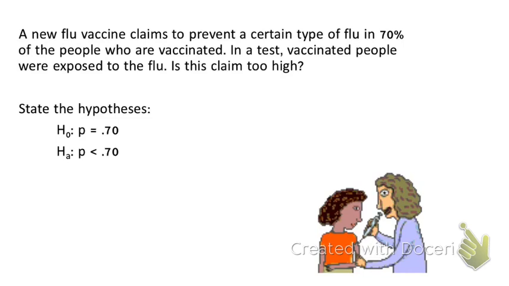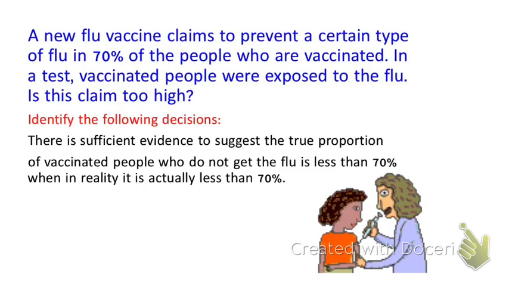So we're going to read the scenario now and decide if it's a type 1, a type 2, or a correct decision, okay? So here it says, there is sufficient evidence to suggest that it's less than 70, when in reality it is less than 70. Type 1, type 2, or correct?